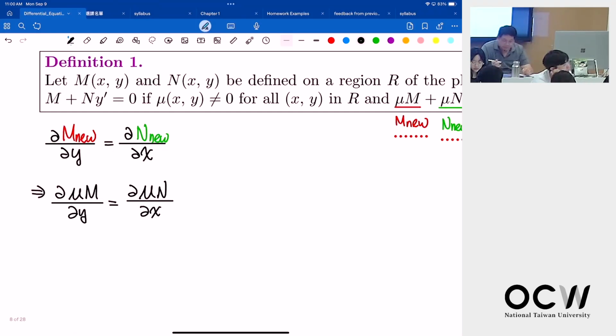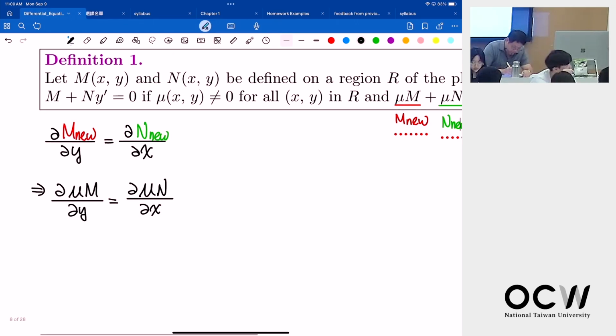Remember that mu is a function of x and y, and your M and also N are also functions of x and y. So when you take the partial derivative with respect to y, let's use the chain rule. So first I have mu, and I take partial M over partial y.